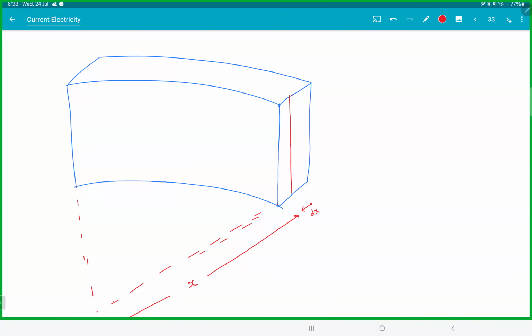And x goes from a to a plus d. So that would be L by rho theta ln of (a plus d) by a. So we end up with R equivalent is rho theta by L ln of (a plus d) by a. This is your resistance. Clear? They are in parallel.